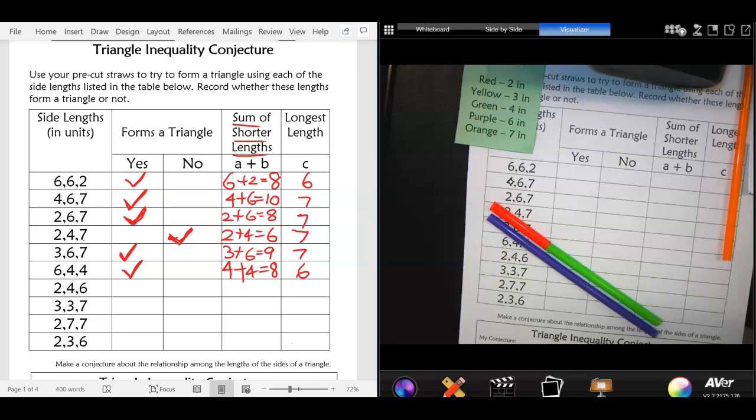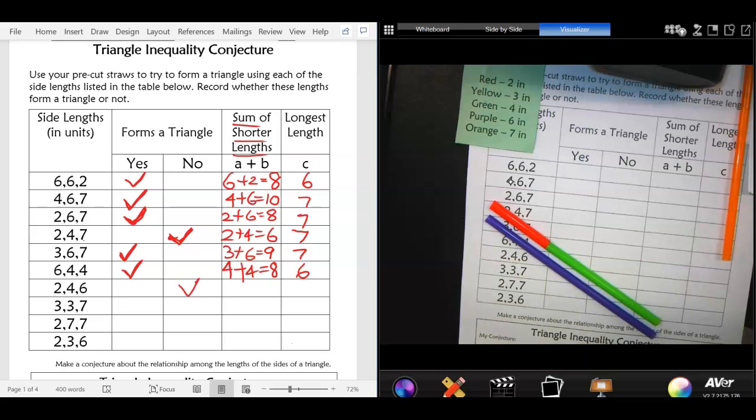If you see something like that, completely flat, you wouldn't call that a triangle. This is not a triangle. Let's go ahead and put no. The smaller ones are 2 plus 4 equals 6. And then the longest side is 6, okay?